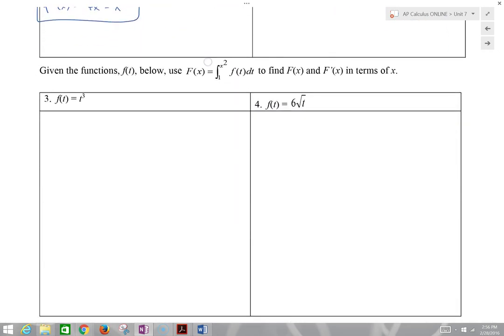Well, now let's do the same process, but now we want to go from 1 to x squared. So F of x is equal to the integral from 1 to x squared of t cubed dt. We need to find the antiderivative of that, and evaluate it at 1 and x squared.